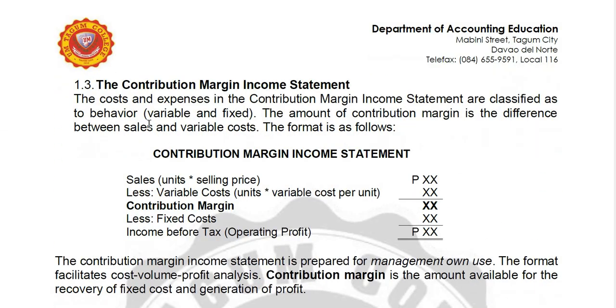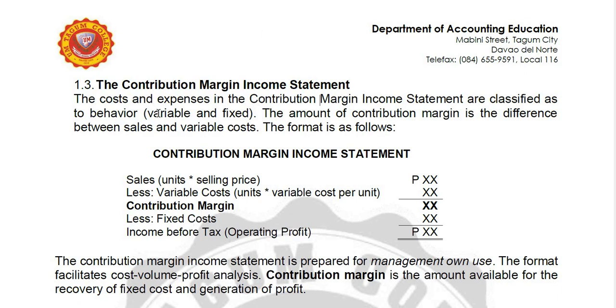So, we have here the contribution margin income statement. So, as you can see here, para siyang yung sa variable costing na income statement or direct costing. So, again, basically, yung CVP analysis ay parang yung backbone niya ay variable costing, no?